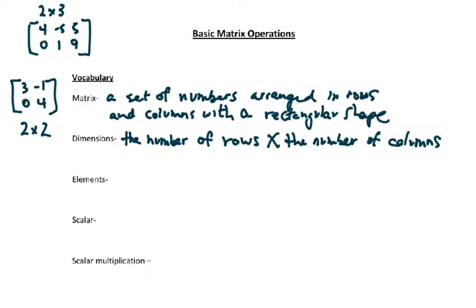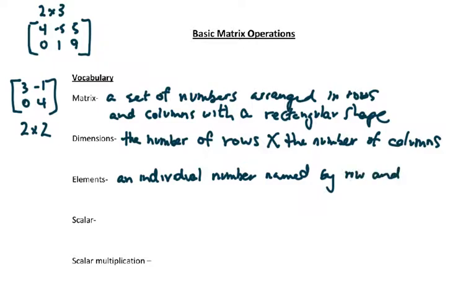So an element is an individual number named by row and column. So let's call this one matrix A and this one matrix B.